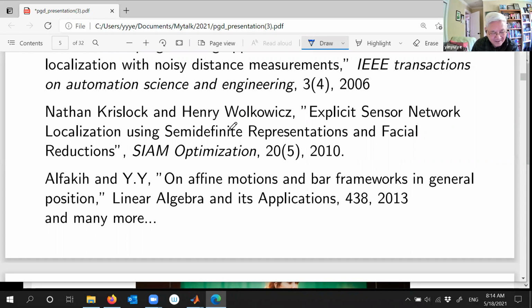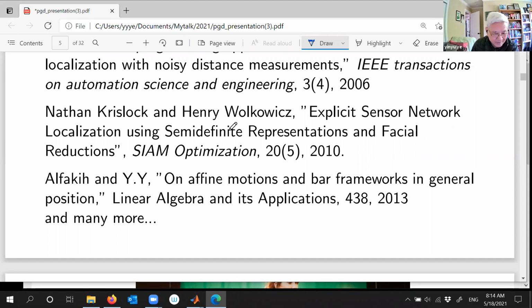It's called rigidity. This has also been studied in pure math, like by Professor Bob Connelly from Cornell, who analyzed when we are given pairwise distance information, when it is sufficient to uniquely determine the final localization or solutions to that quadratic constraint system.